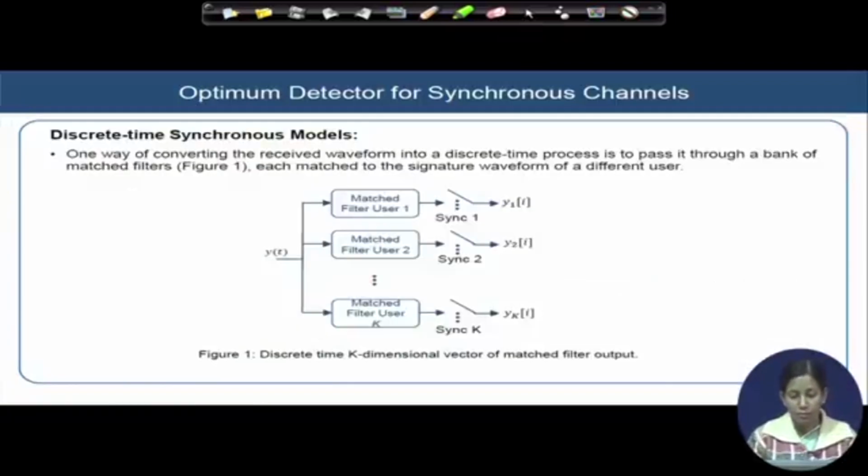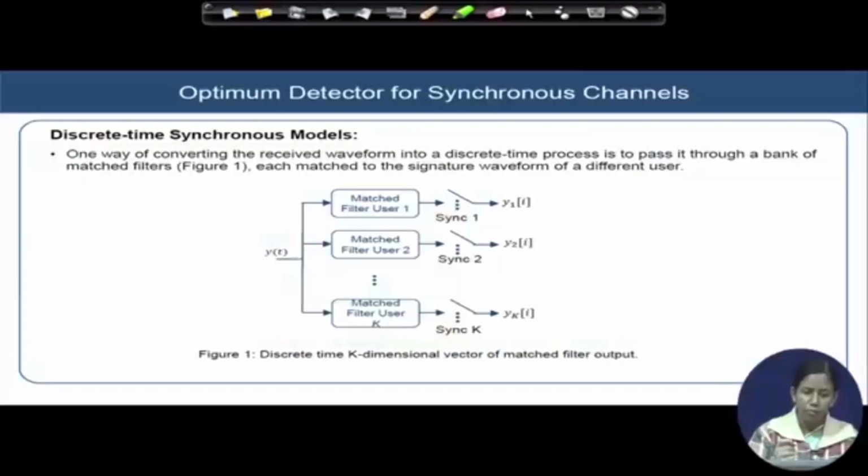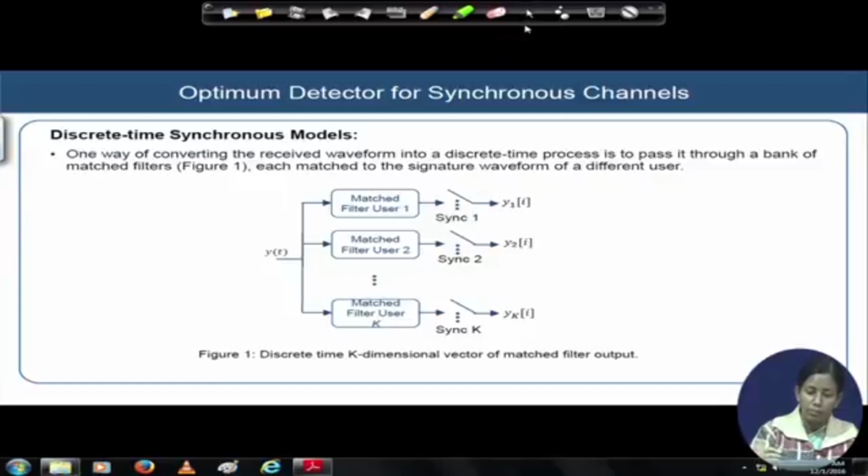This is a very well known architecture that we have discussed several times when we talked about the receiver architecture of a spread spectrum communication system, as well as the CDMA receivers, code division multiple access receivers, and this is repeated once again.